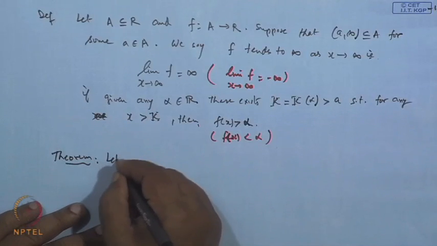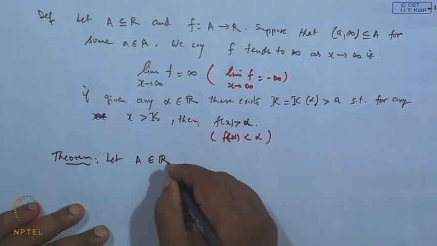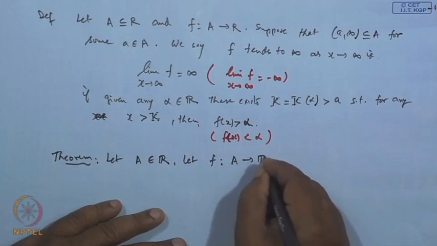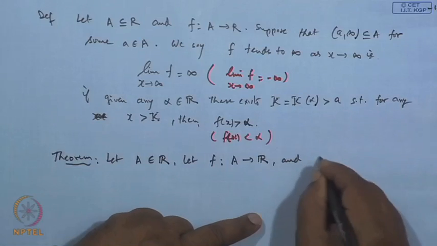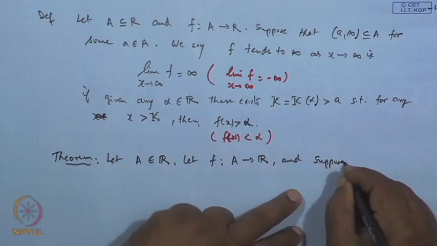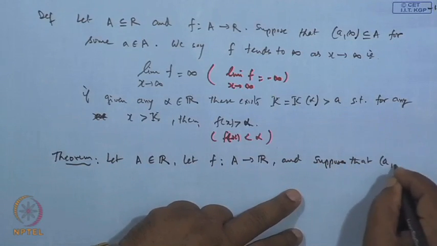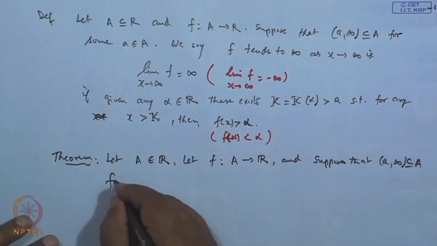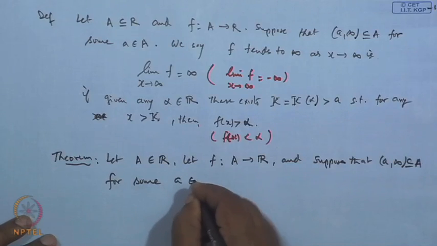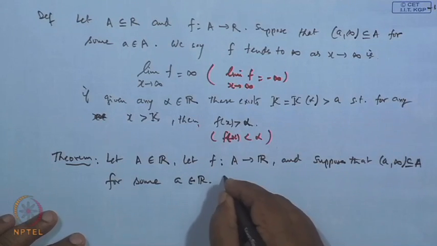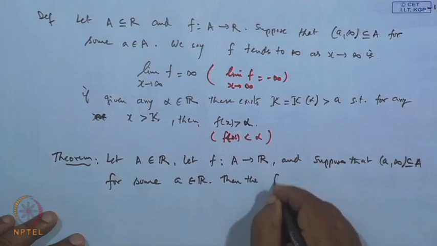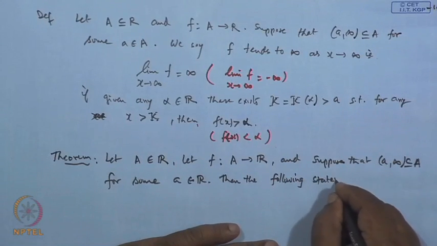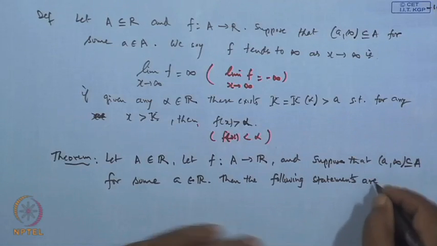Let A be a subset of R and let f be a mapping from A to R, and suppose that (a, infinity) is contained in A for some a belongs to R. Then the following statements are equivalent.